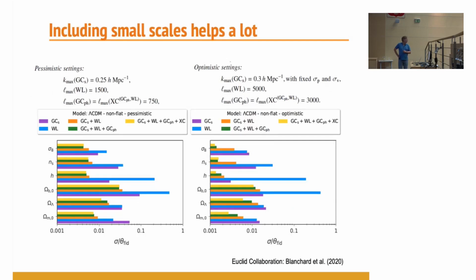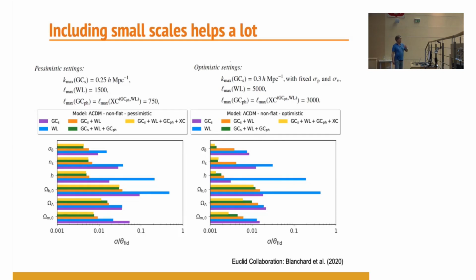The goal is to make optimistic realistic by pushing to smaller scales, because then for certain parameters you can constrain things much, much better. But that means the only way we can use these smaller scales is if we get a better handle on this nonlinear structure formation and the astrophysical processes that complicate the analysis.